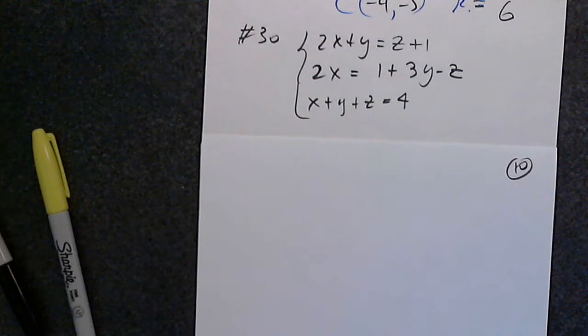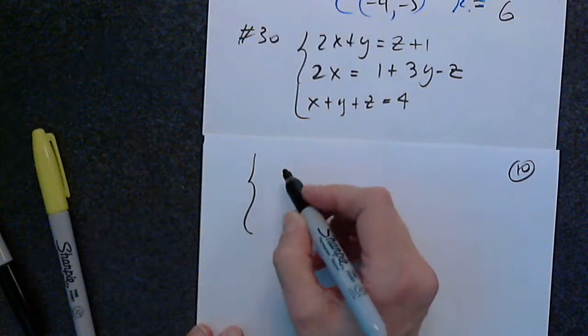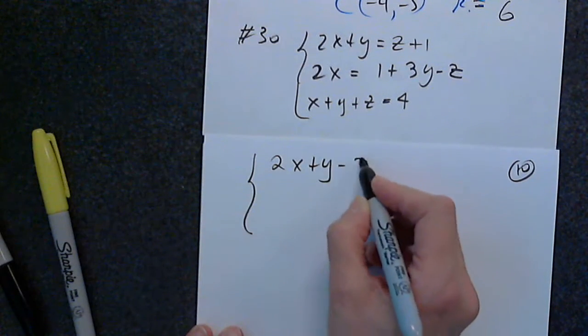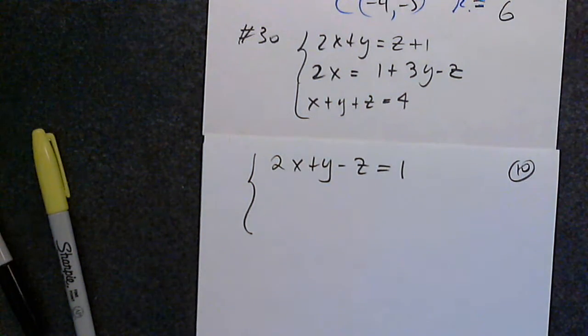My first question to myself is, is this system in the correct order? Is it ready for Gauss-Jordan? No, it's not. So I have to rearrange the whole thing as 2x plus y minus z equals 1. The first equation, everything in order from left to right.